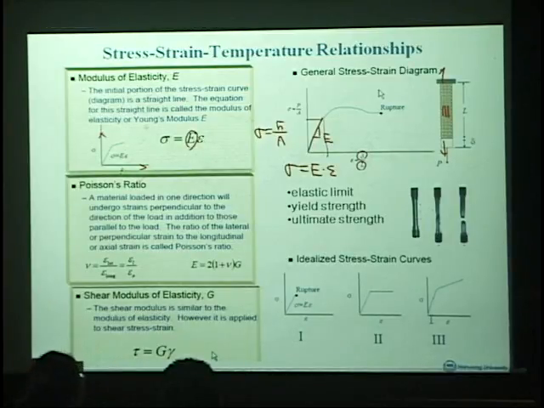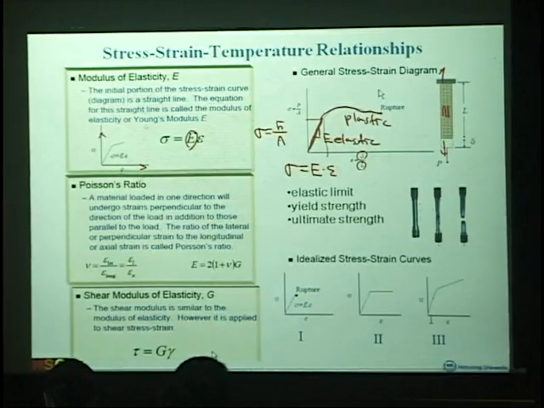But after some yielding, we have a large plastic deformation. And here we call it elastic. I just want you to know that there is some plastic deformation after some yielding, but in this course, we will cover only the elastic zone.